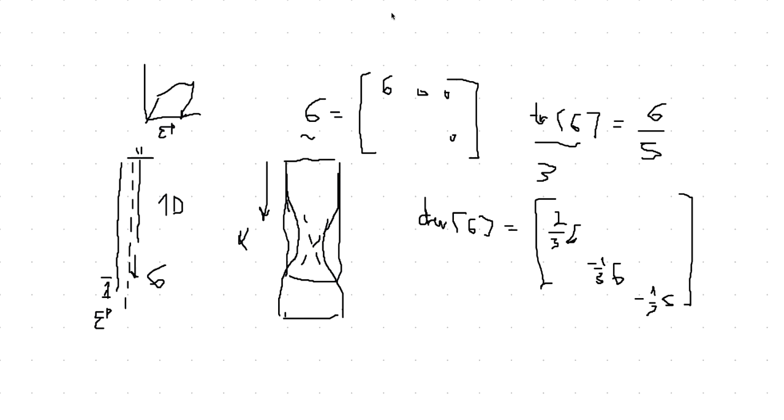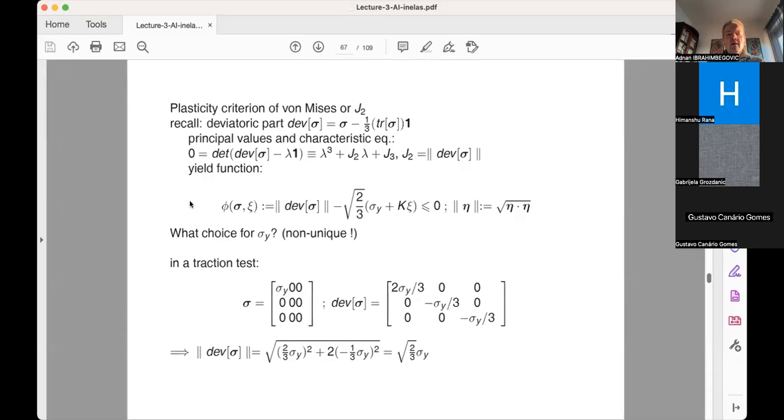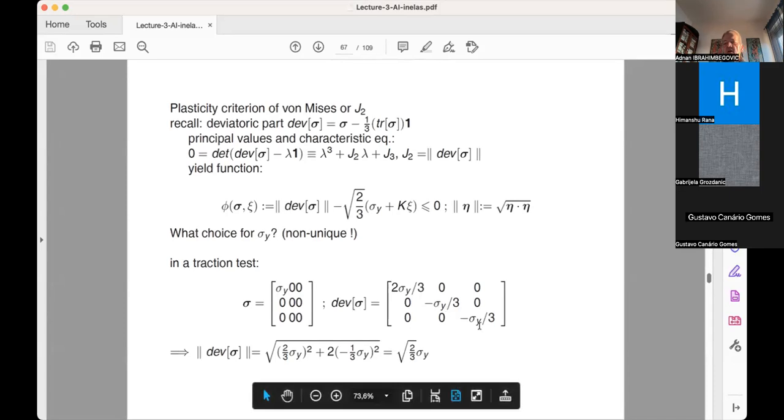So basically, if I now ask that yielding will start in the same way as in 1D, I want this component to be equal to sigma y. So here's the only component that becomes sigma y. Then I go to my filter, which is the deviatoric part of stress, computing the deviatoric part of such a stress tensor. So this becomes 2 sigma y over 3, minus sigma y over 3, and minus sigma y over 3.